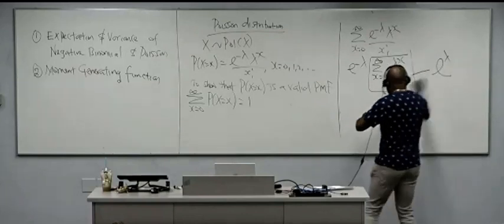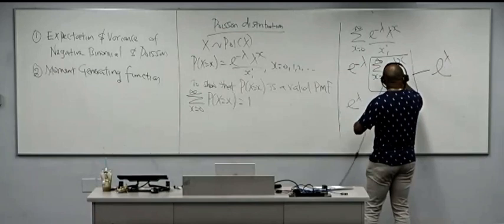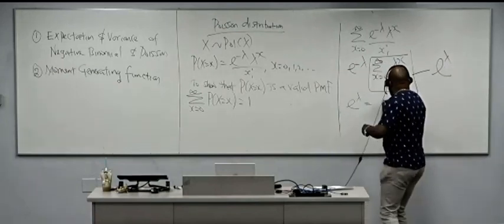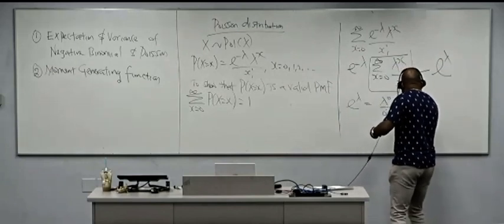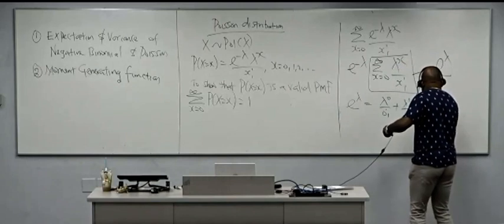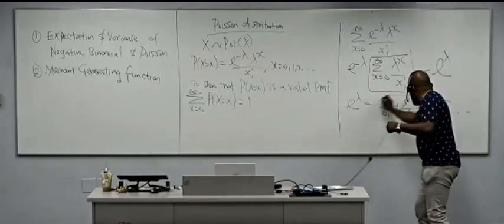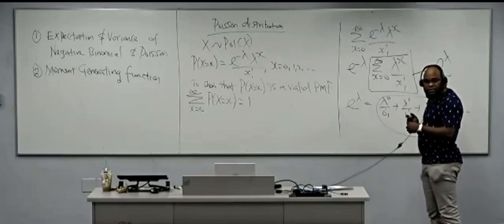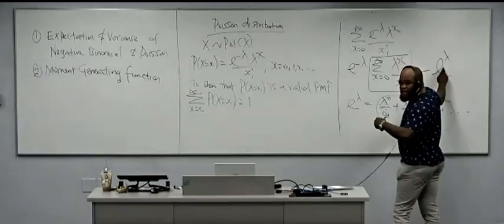Because exponential of lambda is lambda^0 over 0 factorial, lambda^1 over 1 factorial, lambda^2 over 2 factorial, and so on. So this is a way to write that in short form. So because of that, this is this, right?